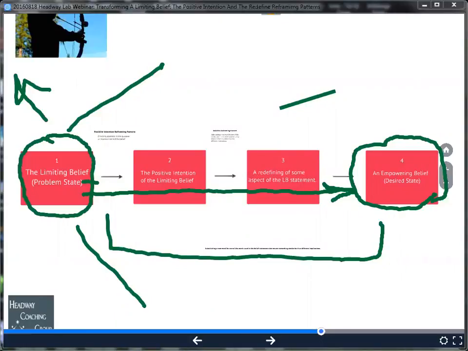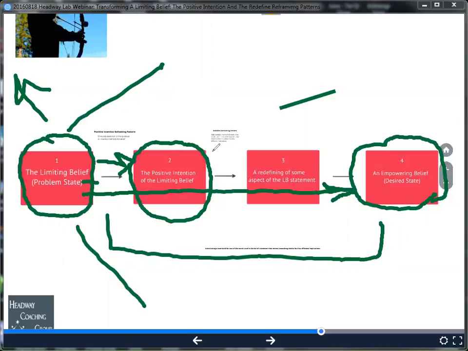The first one is in order to move our client to the second statement, which he will agree with, which he is going to feel is true, but it's not going to be the initial one anymore. We will use the positive intention reframing pattern.